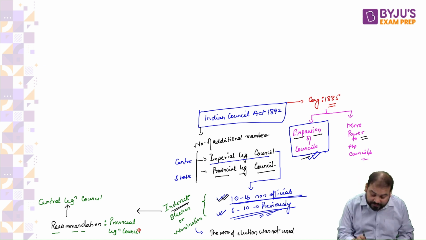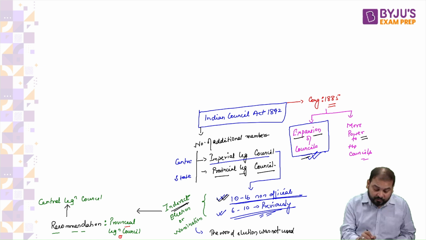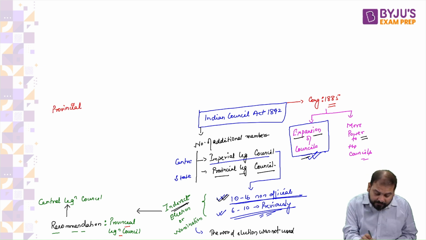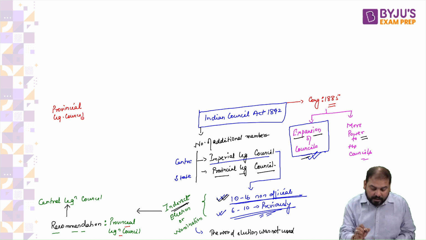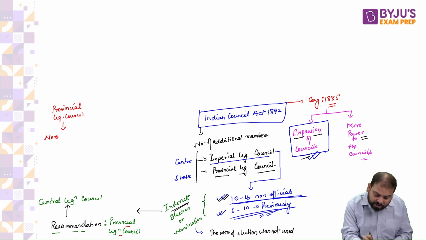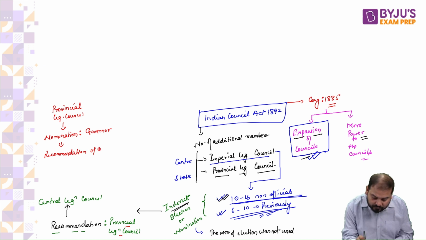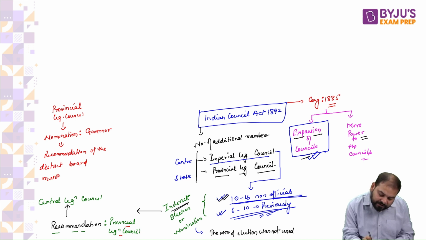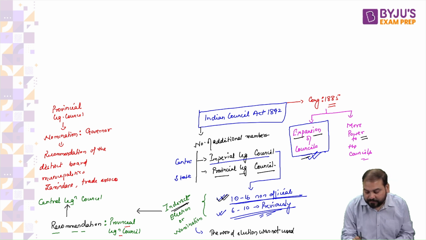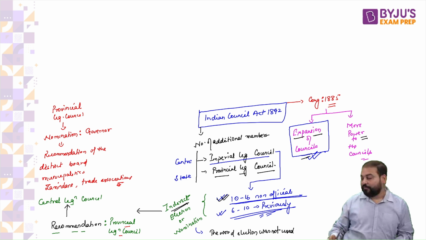Now, for those who are asking how it will happen in the provinces, so again, if you want to go in the Provincial Legislative Council, here nomination is done by the governor, but this nomination is on the recommendation of the district board, or the municipalities would have recommended some names, or the zamindars would have recommended some names, or trade associations would have recommended some name, and then the governors would have nominated it.